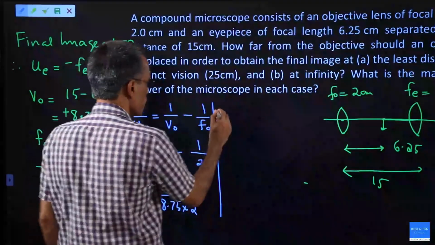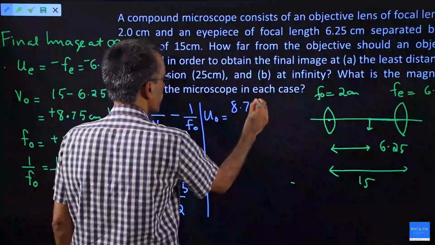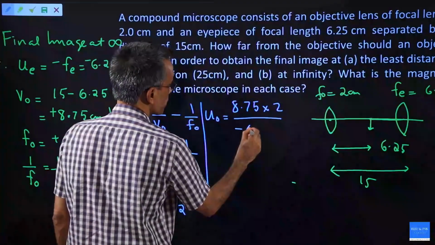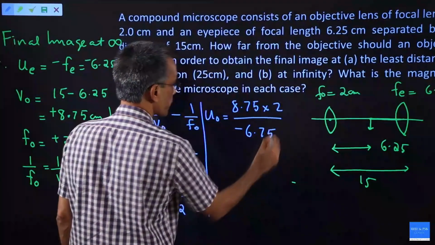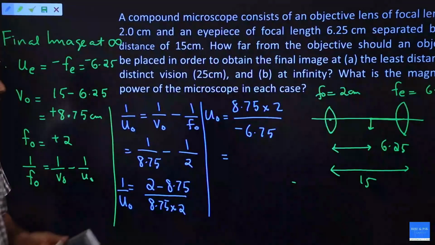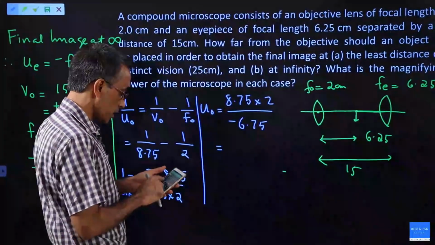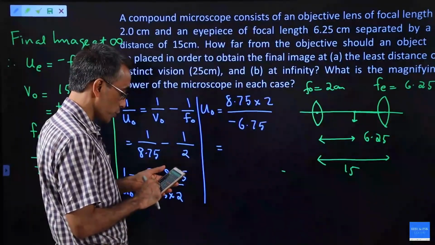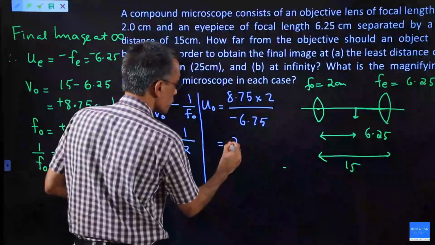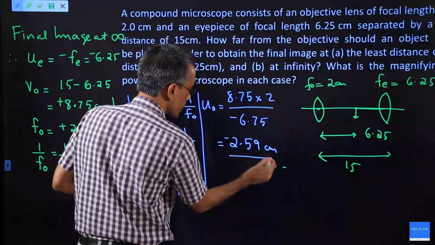So from this, u of the objective is equal to 8.75 into 2 divided by (2 minus 8.75), which is minus 6.75. You divide this, and I'm using my calculator, you are not supposed to do that. This is 8.75 into 2 divided by 6.75, which will give you 2.59 approximately with a negative sign.